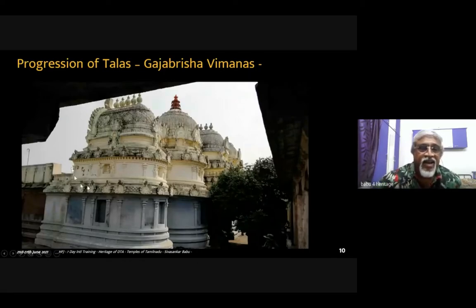Only the idols and other things change, but the basic structure and rules remain the same. This is the Tirupati Kundram temple near Kanchipuram, one of the last surviving Jaina settlements in Kanchi.